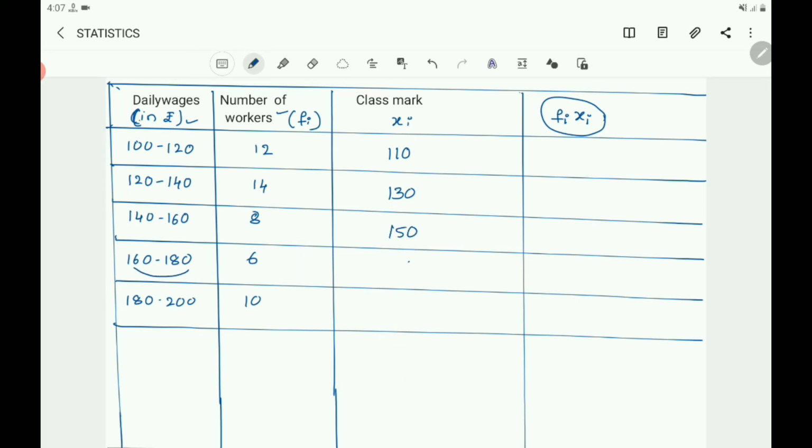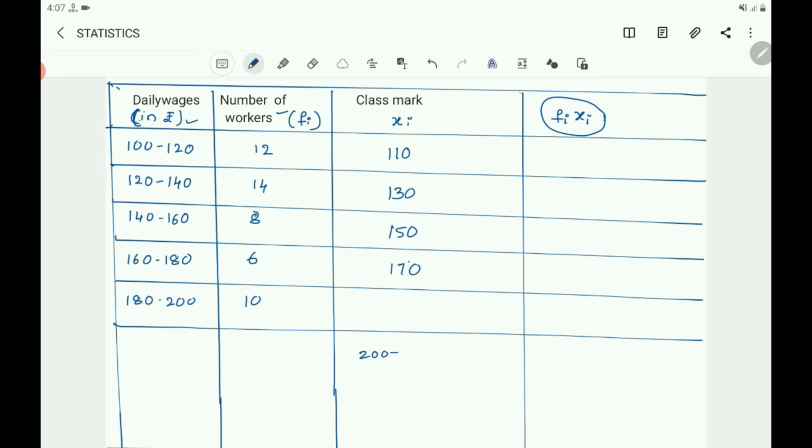Then 180 plus 160 by 2, that is the class mark of 160 and 180. 180 plus 160 is 340, by 2, you will get 170.